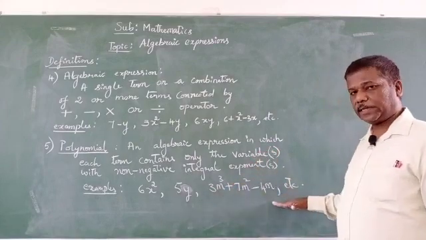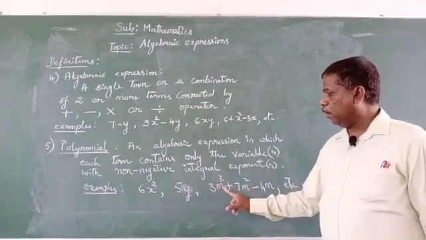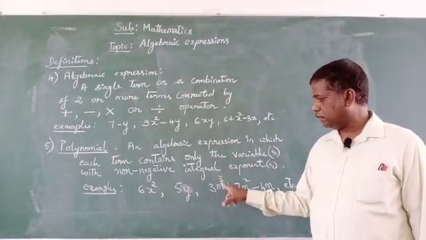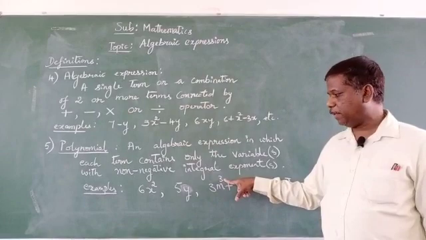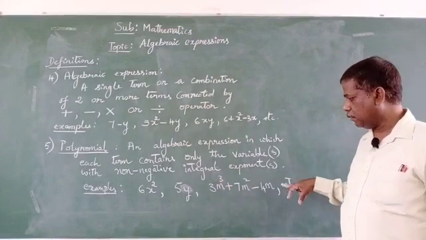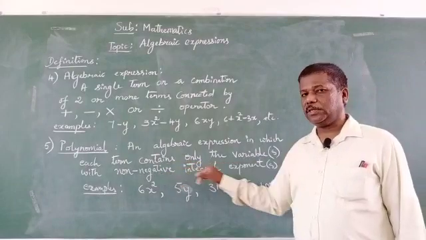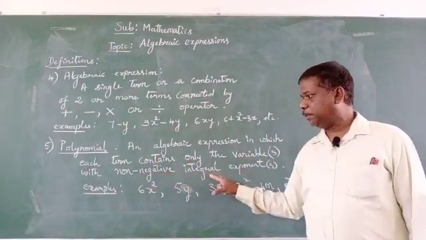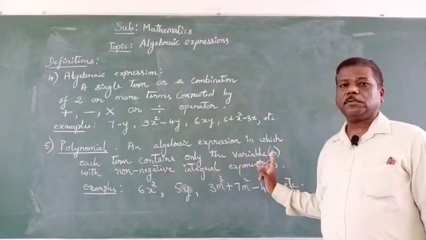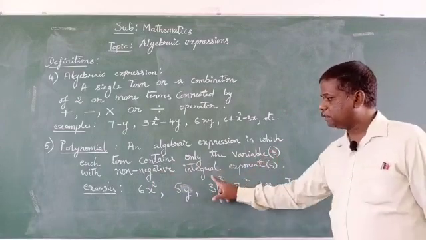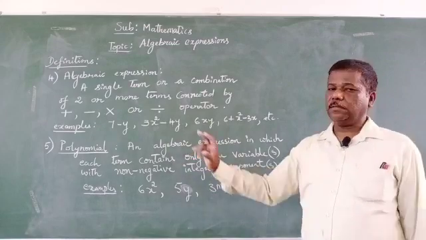So it is an algebraic expression. All of them have positive powers. That is, 3 is the power, 2 is the power, 1 is the power. So all three terms have non-negative integral exponents. Therefore this whole thing is called a polynomial.